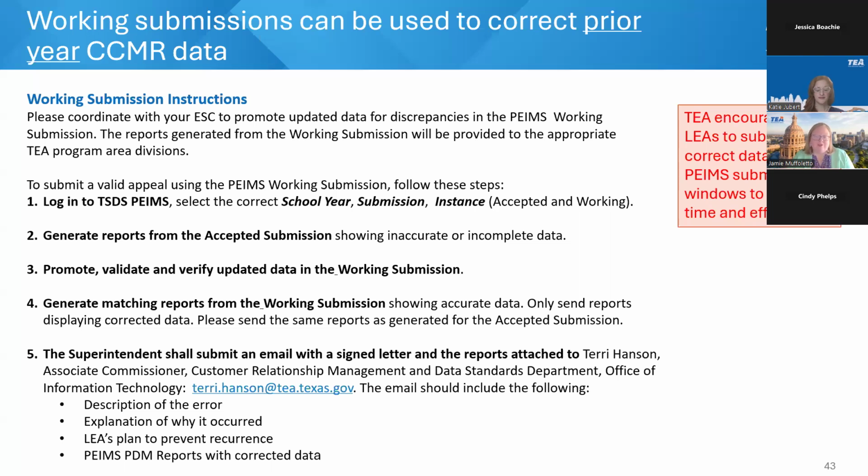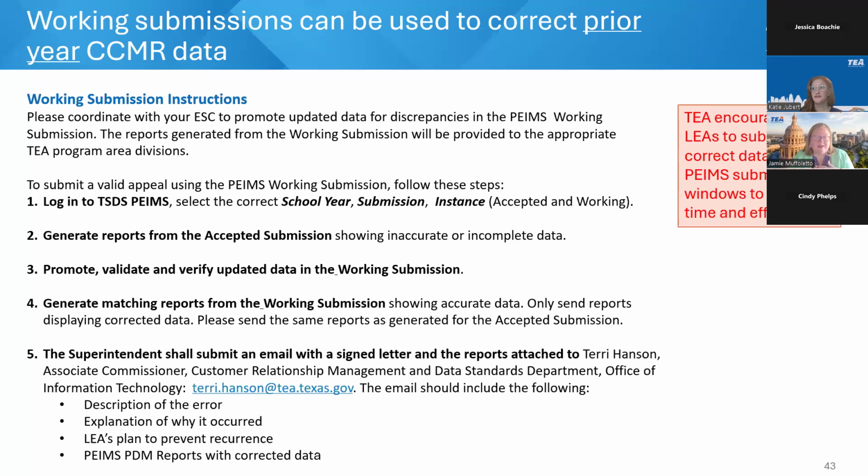But right now, if you do see that you have a mistake, these are the steps that you are going to follow. I highly encourage, if you are an LEA, that before you start these steps, talk with your ESC PEIMS people. Make sure that this is something that you want to go down the path of, and then really look at the reports that you are providing to us.